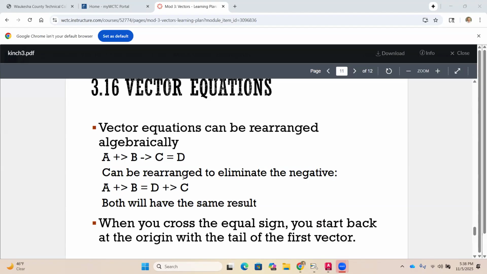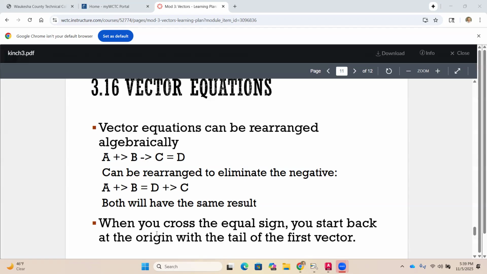So if you want to, you can eliminate the negative C here by simply sending it to the other side of the equation on the right-hand side, and you'll notice that it then becomes a positive C on the other side. I think it's just a little bit easier and more consistent to handle all positives rather than dealing with negatives. So know that we're going to be seeing rearrangements so that we can eliminate some negatives as well.